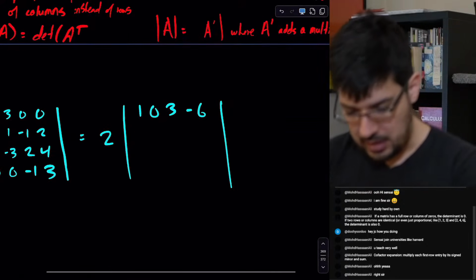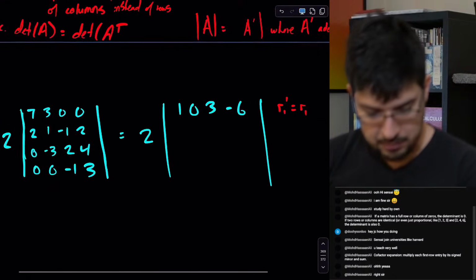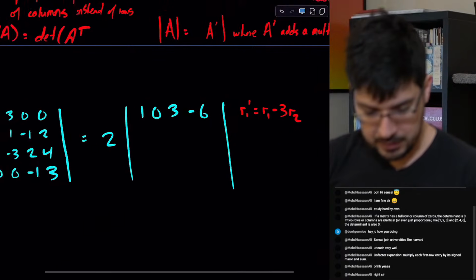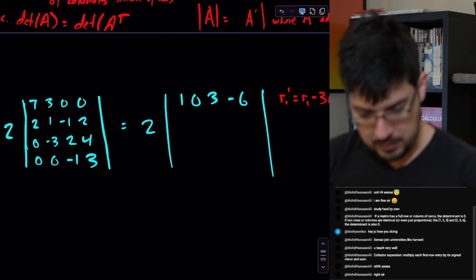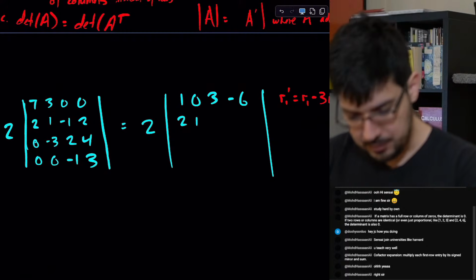Again, I replaced row 1 with row 1 minus 3 times row 2 here. And we're going to keep row 2 the same.